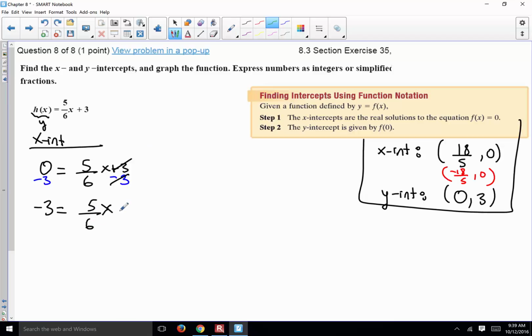I have a 6 in the denominator. I want to first wipe that off by multiplying both sides by 6 and get 3 times 6, -18. Now I have a 5 to get rid of. For this, I divide both sides by 5 and get x as -18/5. So it seems like this is the right answer.